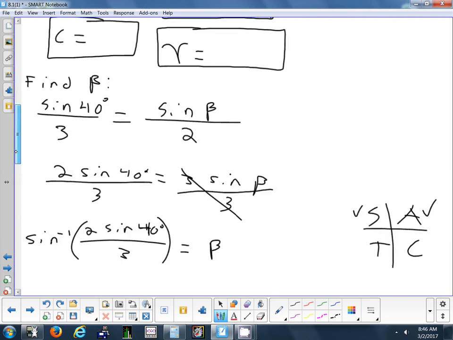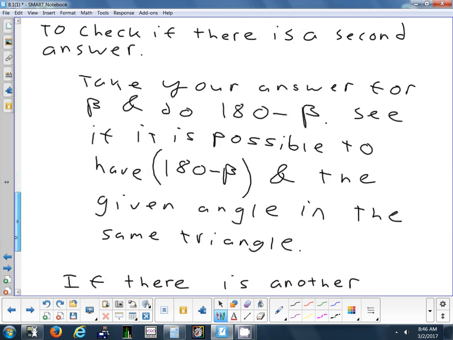Okay, so basically what I just said, I wrote all that down. You already know this from the ASTC diagram, but if you need to write it, that's what you do. So the second answer is 180 minus, well in this case it was beta, but you might be solving for alpha or gamma. Okay, so it's 180 minus your angle.